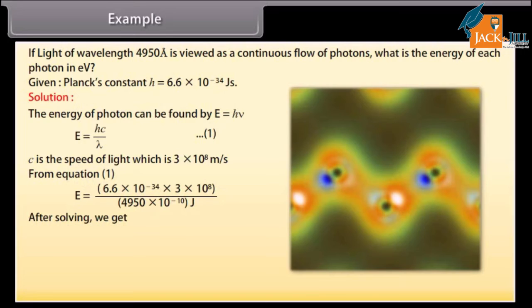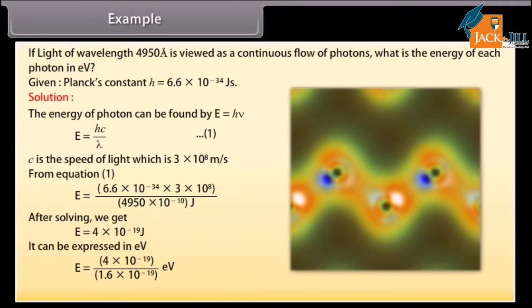After solving, we get E as 4 × 10^-19 joule. It can be expressed in eV, E as 4 × 10^-19 by 1.6 × 10^-19 eV. E is equal to 2.5 eV.